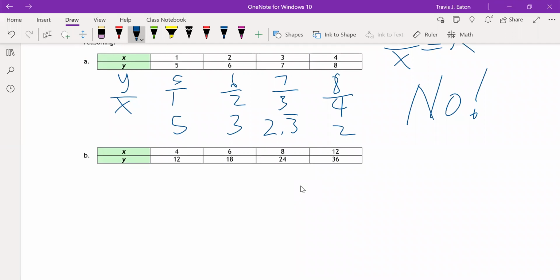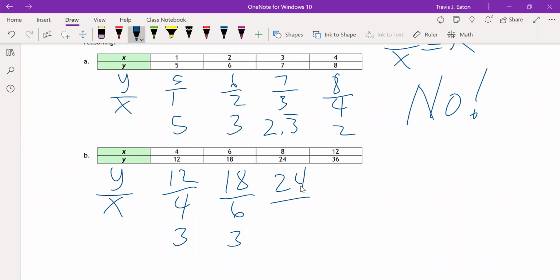How about when we divide, remember, we are dividing y by x. So this would be 12 divided by 4, that's 3. 18 divided by 6, that's 3. 24 divided by 8, that's 3. This is looking pretty good. 36 divided by 12, that's 3.